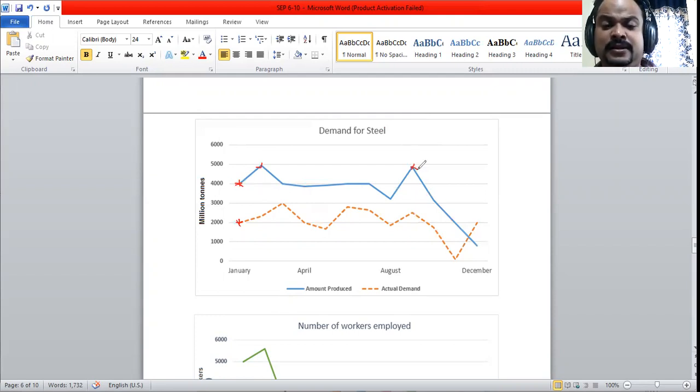This one is optional. This is mandatory, this is mandatory, this is also mandatory. This is also a main feature, and this is another main feature. So all the main features are marked, the significant markers are there.